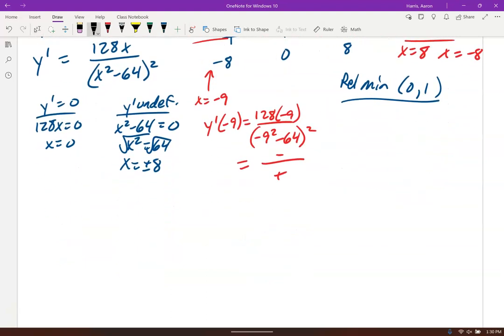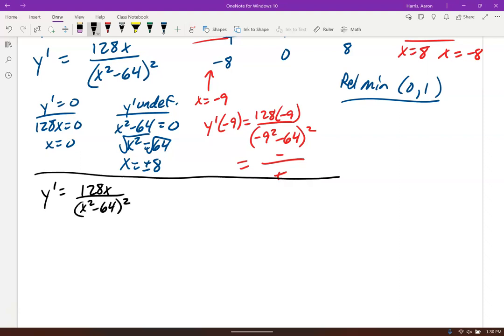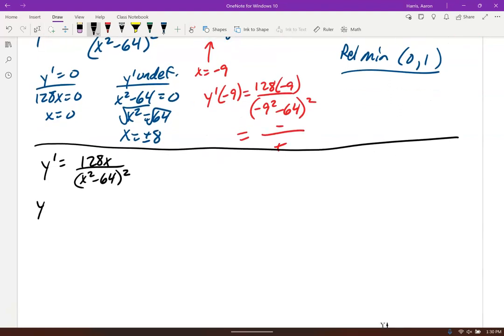Let's go on to number 2. So I have y prime equals 128x over x squared minus 64 squared. There's my first derivative. Okay. Let's take the second derivative.